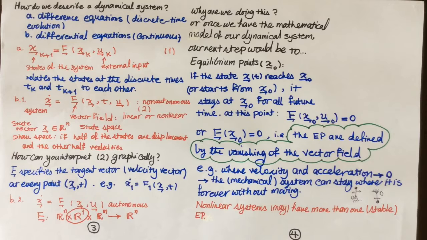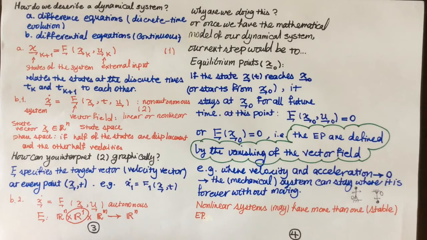For nonlinear systems, you may have more than one stable equilibrium point. We are also going to talk about other types of stable solutions, stable periodic solutions, etc. So we have almost finished the very basics of how we describe dynamic systems.